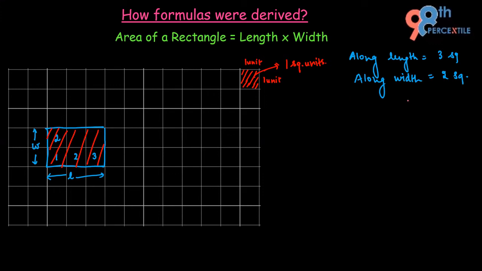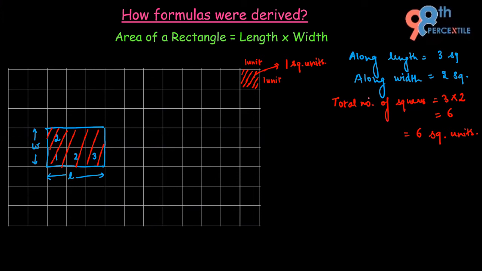In order to find that, we can simply do 3 times 2. The total number of squares will be 3 times 2, which is 6. So there are 6 squares, and if the area of 1 square is 1 square unit, the area of 6 squares will be nothing but 6 square units.